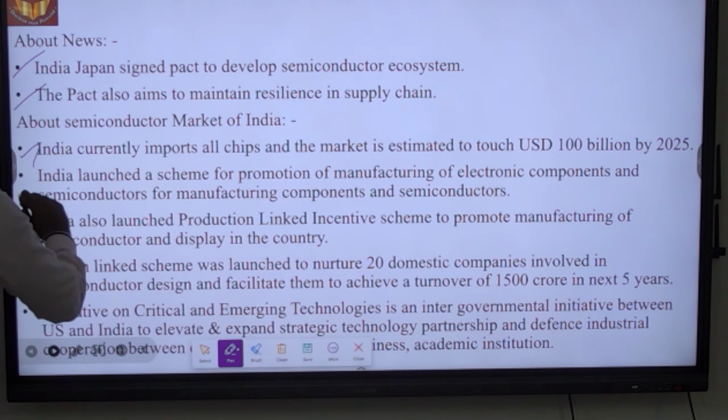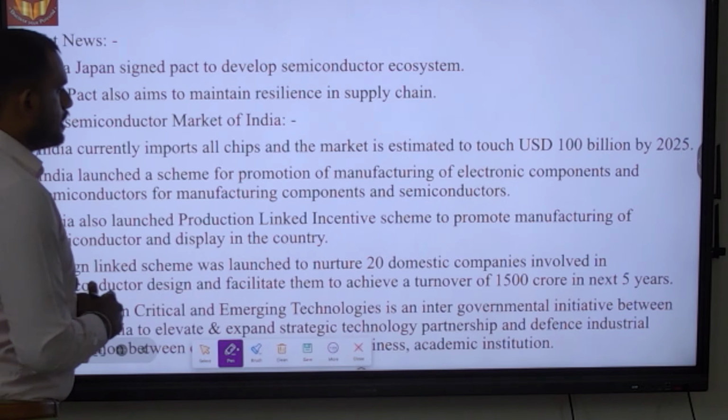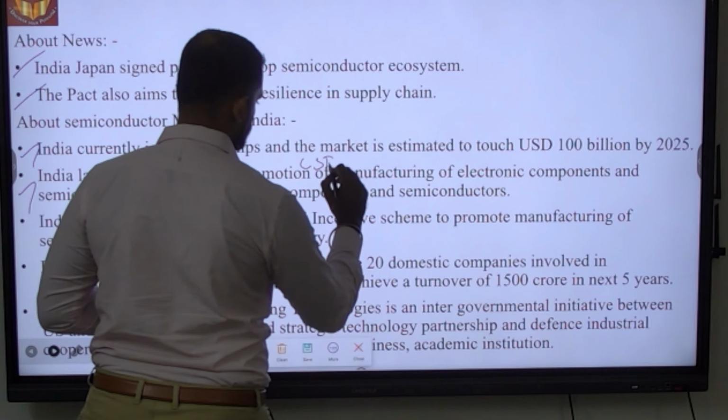India launched a scheme for promotion of manufacturing of electronic components and semiconductors. It is called the SPECS scheme.